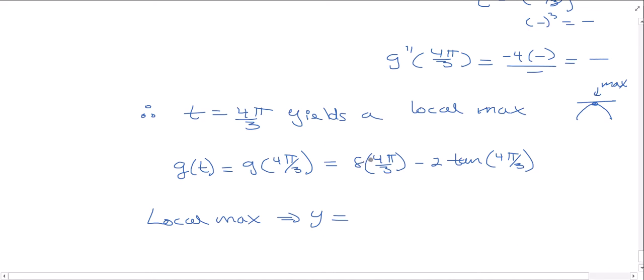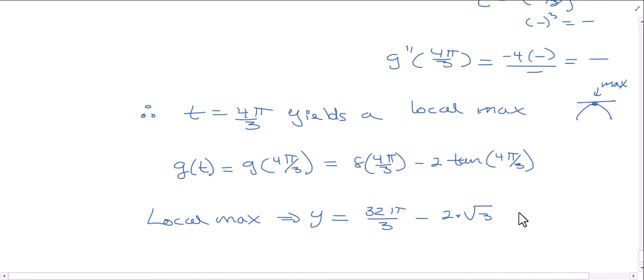8 times 4, so 32 pi over 3 minus 2 times tangent of 4 pi over 3. Now remember, 4 pi over 3 is in the third quadrant, so tangent there is positive. Our reference angle is pi over 3, so tangent is root 3. And because we're in the third quadrant, it's positive, so 2 root 3.